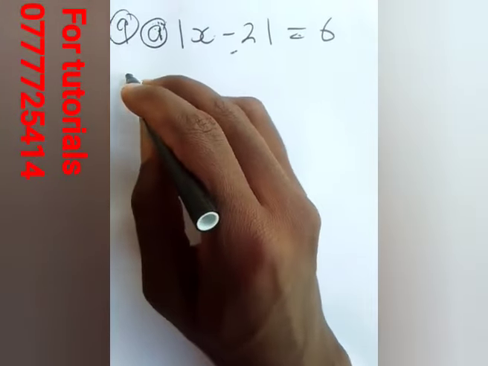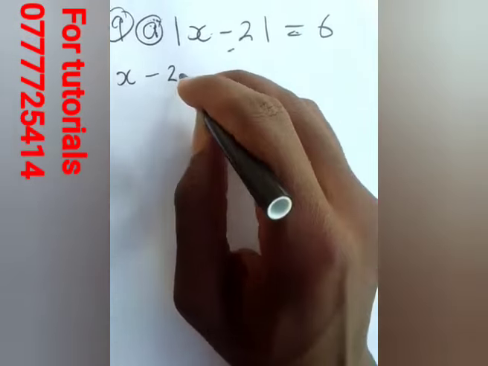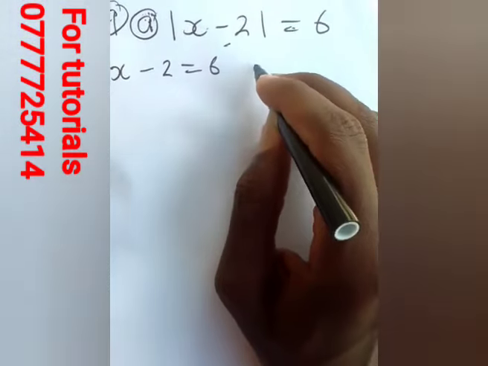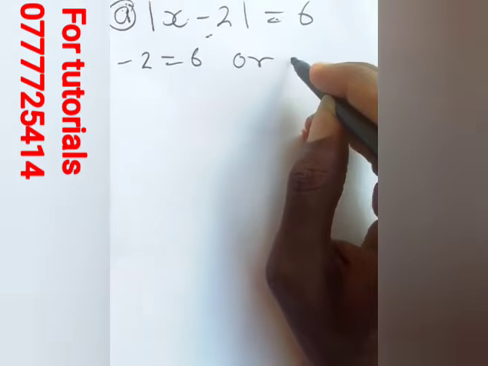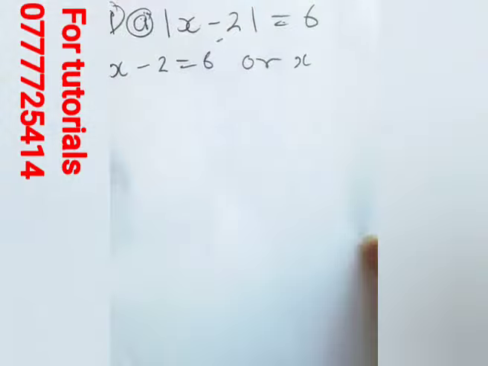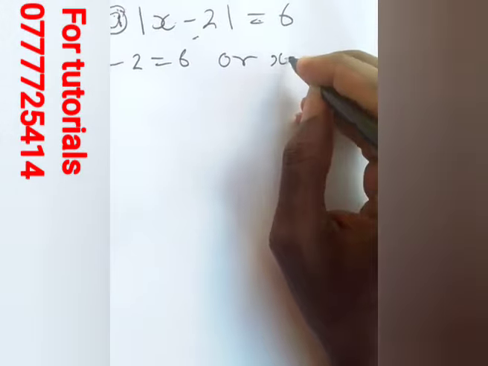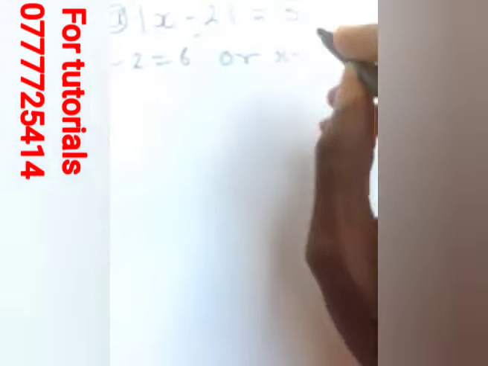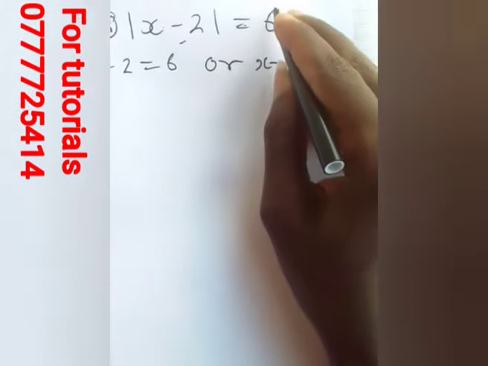You break it down. The first one is going to be x minus 2 is equal to 6. Or the other one is going to be x. For the first one, we don't change anything. The second equation, you write the same thing here, and you just change the sign of what is here.